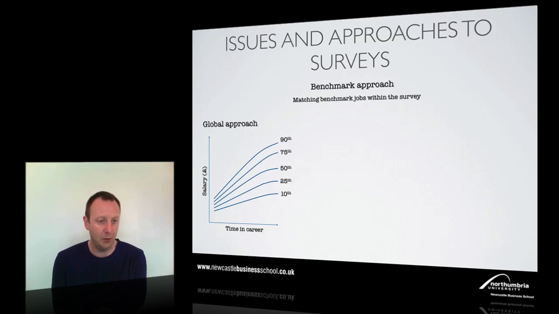So this global approach that we see here on the left of the slide provides us with the ability to do that, where it tracks not just the diversity in rates of pay in different segments of a particular labour market, but also distinguishes by the length of time that those types of employees have had in their careers.